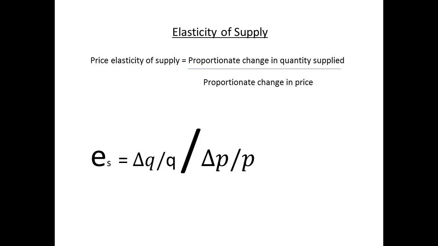The definition is similar. Price elasticity of supply is calculated as the proportionate change in the quantity supplied divided by the proportionate change in the price. Delta Q divided by Q is the proportionate change in quantity supplied. Delta P divided by P is the proportionate change in the price.